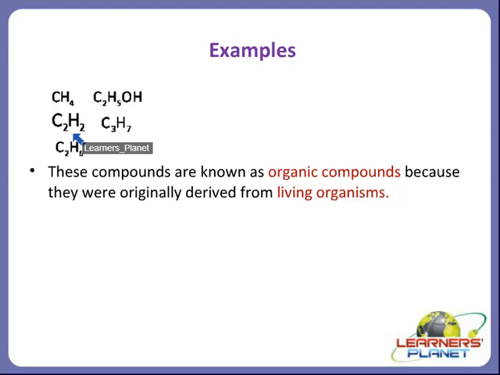It is ethyne. C3H7 is a radical, it is propyl. Or I can write it as C3H8. It would be what? It would be propane.